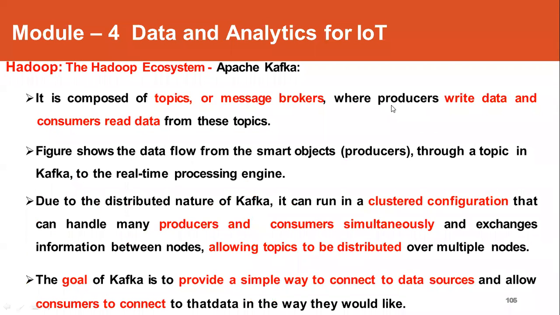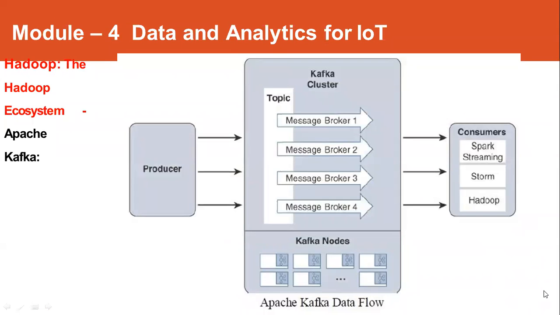If we look at Apache Kafka, it is composed of topics and message brokers, where producers write the data and consumers read the data on those specific topics. You can look at this diagram for the data flow in this component.